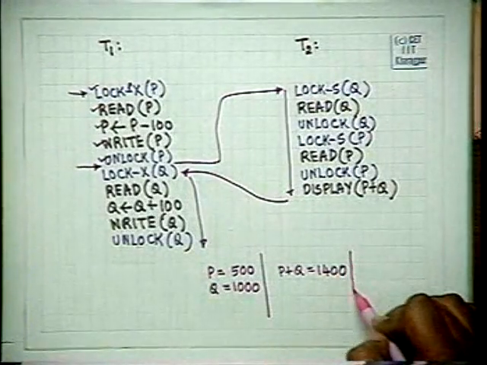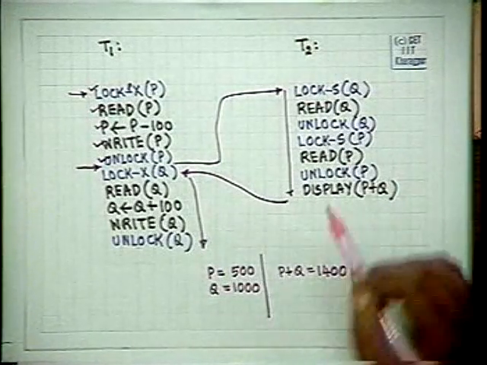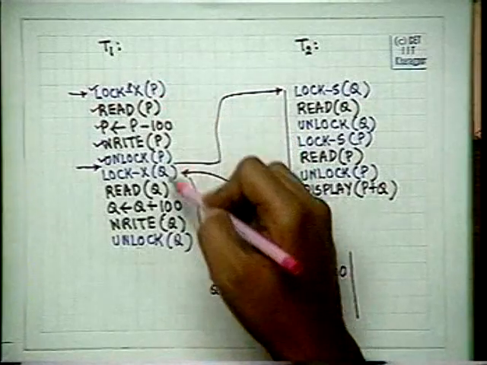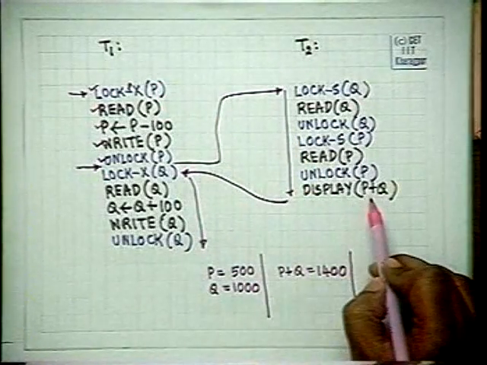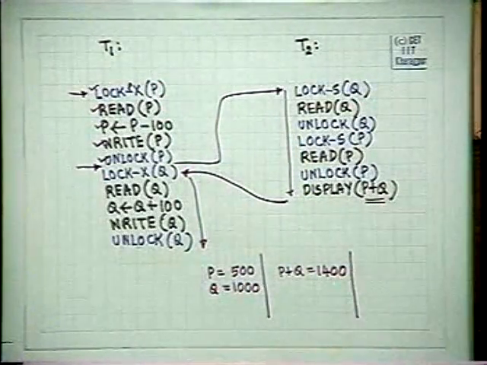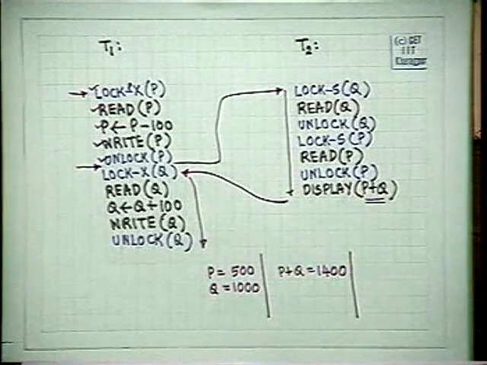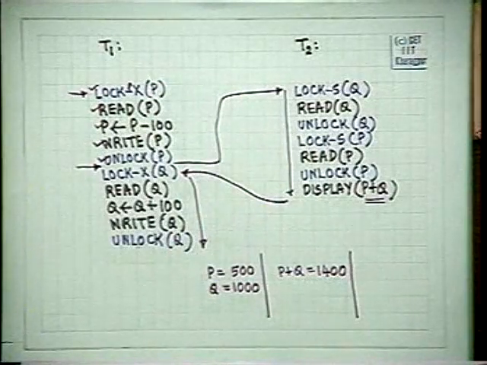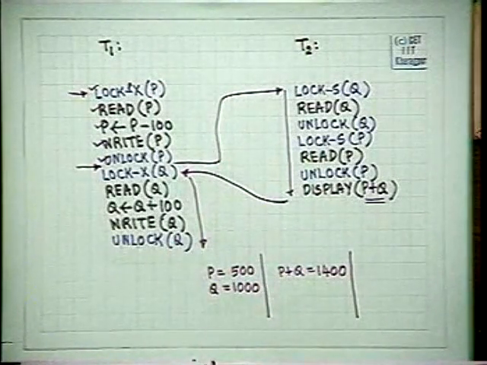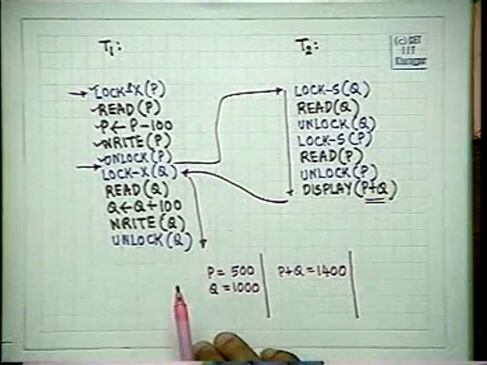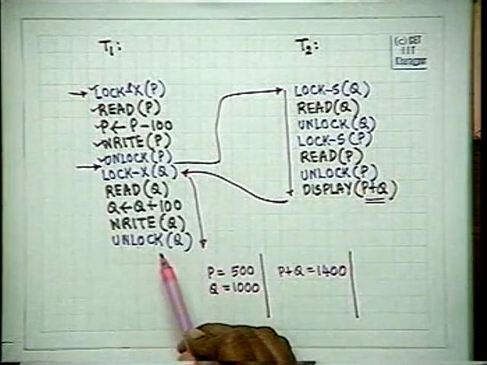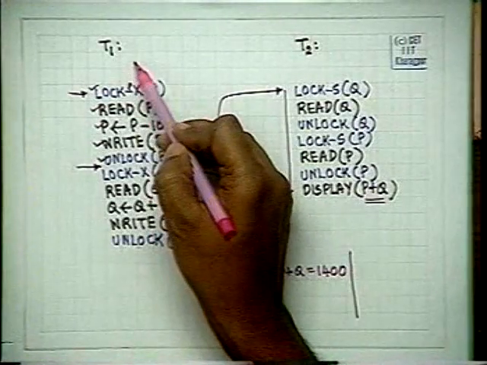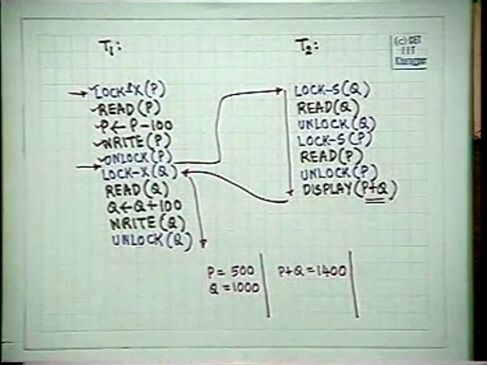Which effectively means that your consistency criteria is P plus Q is equal to 1500. The initial value of P plus Q must be same as this, and this is not a serializable schedule. This is not a conflict serializable schedule, provided the value of P plus Q must be same as it was in the beginning of the transaction.